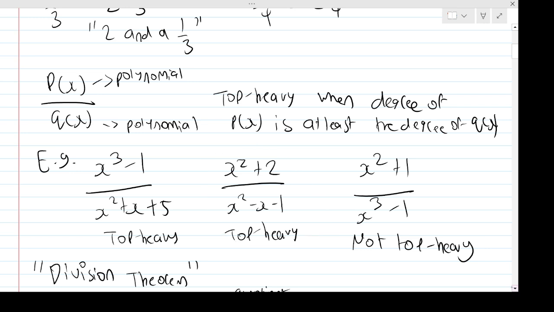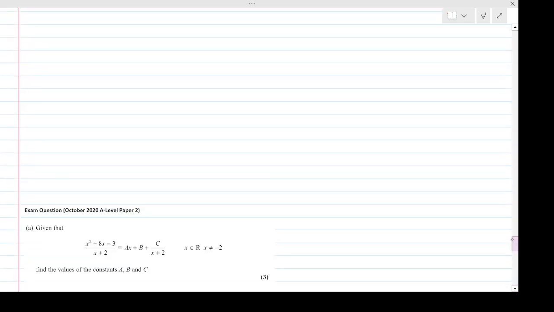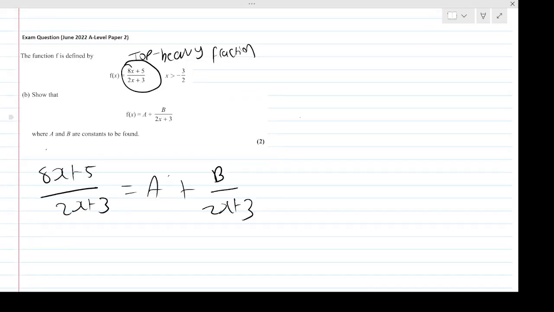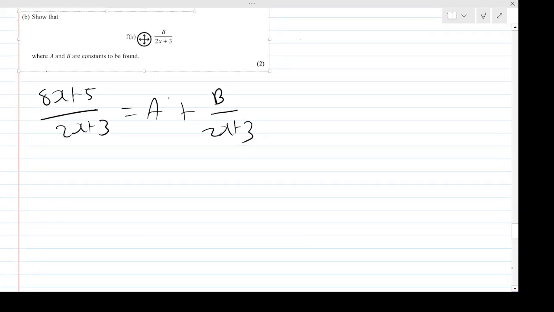Even if the polynomials have equal degree, that's still top heavy. The only time it isn't a top-heavy fraction is if the power on the top is strictly less than the power on the bottom. So in this case it's not top heavy because x squared is less than x cubed. However, in this case, the highest powers are indeed x and x, so that is a top-heavy fraction, so we can do division. Anyway, let's get on with that then.